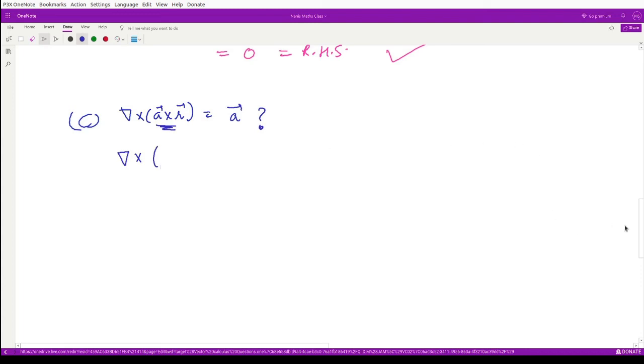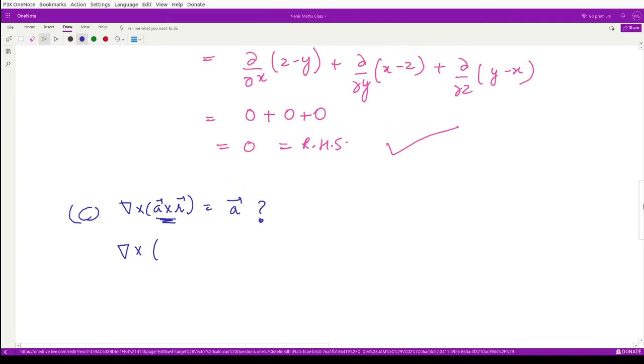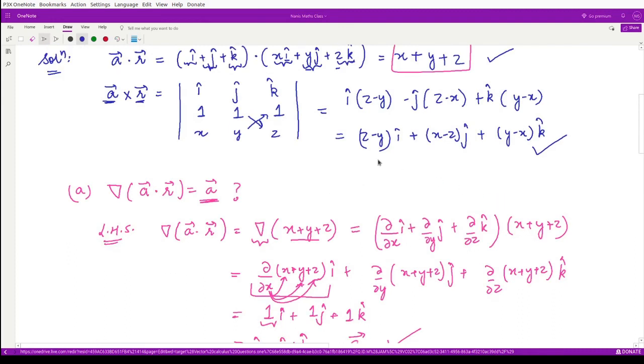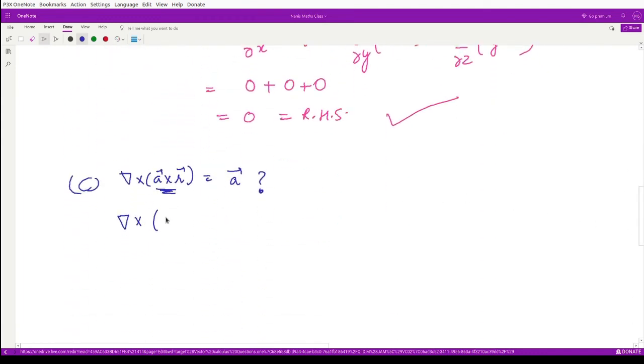This is equal to z minus y i cap plus x minus z j cap plus y minus x k cap.